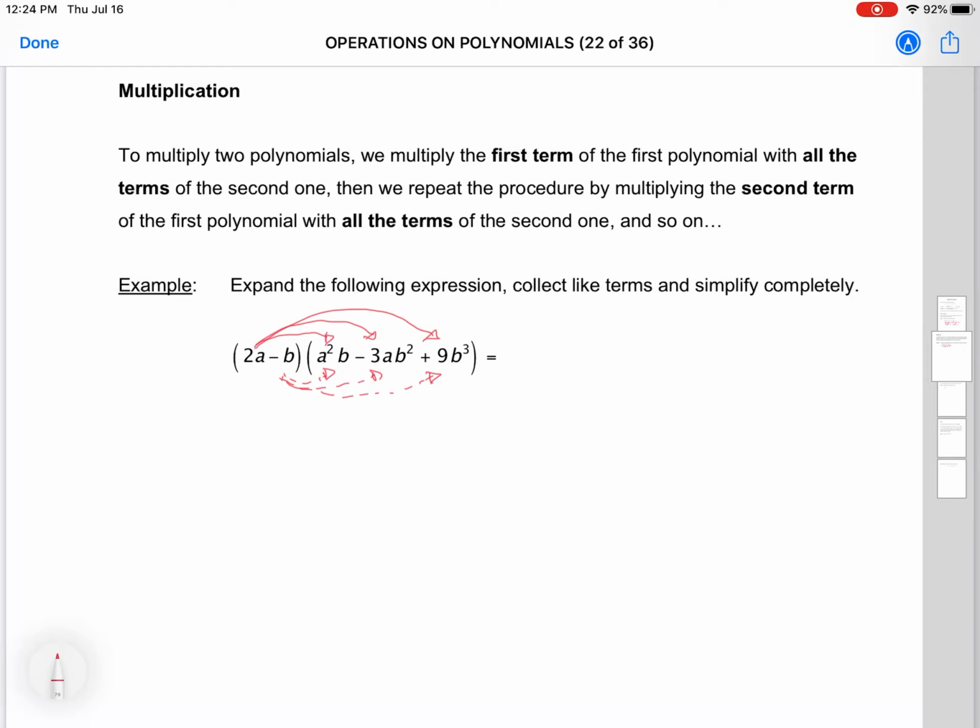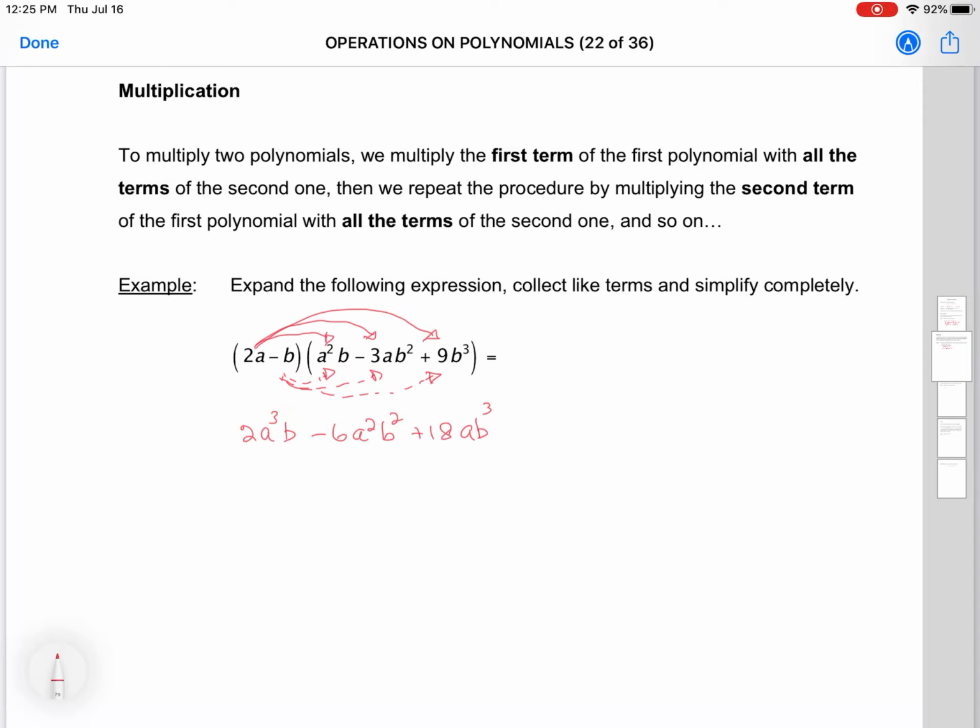So let's start with the 2a. Let's distribute this over each element of the second bracket. 2a times a squared b, that's 2a^3b. 2a times minus 3ab squared is minus 6a squared b squared. And 2a times 9b cubed is plus 18ab^3.